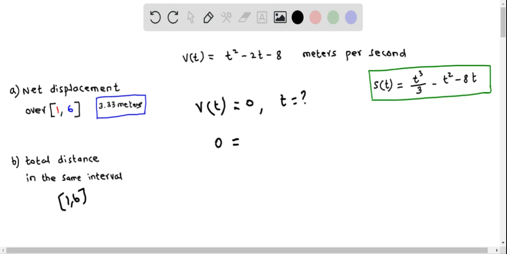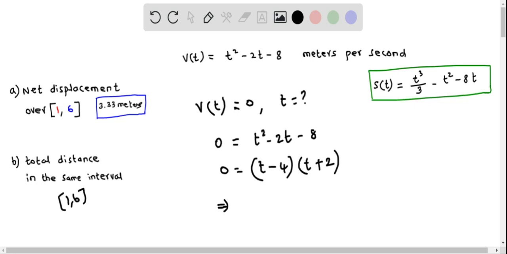So let's do this. I'm going to replace v of t equal to 0 here. So this equation becomes 0 equals t squared minus 2t minus 8. Now let's factorize this. I can write this as a product of linear terms as t minus 4 times t plus 2. So this gives two values of t, that is t minus 4 equals 0, and this implies t equals 4.